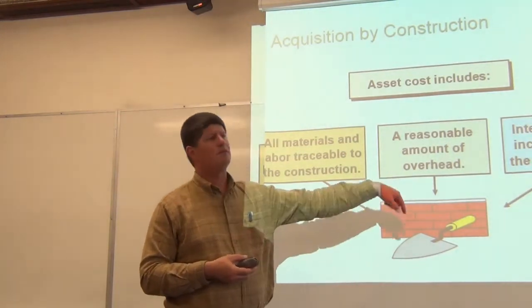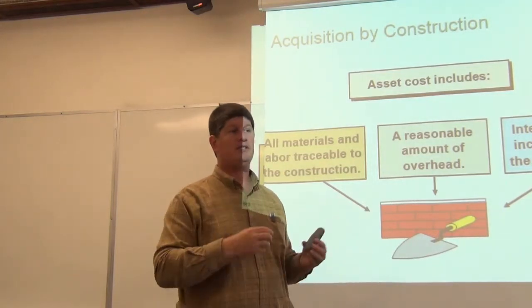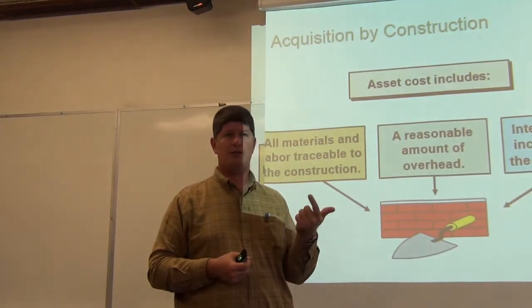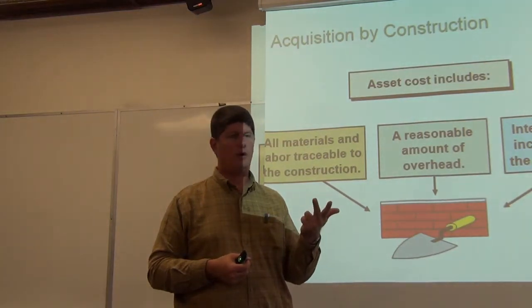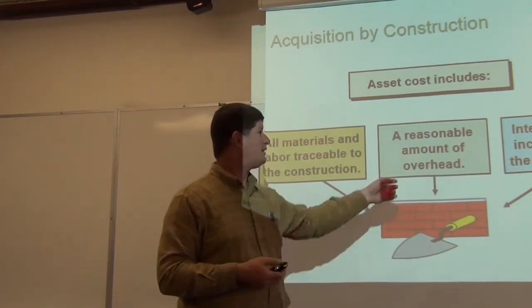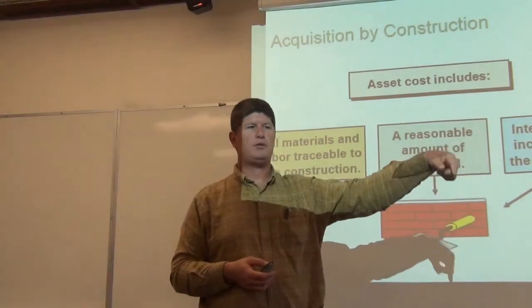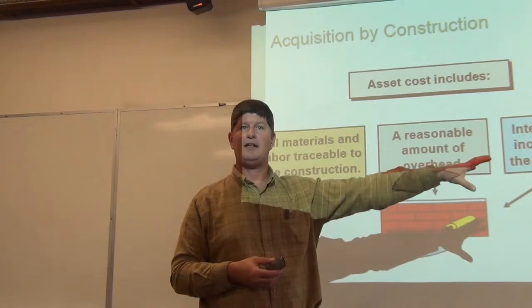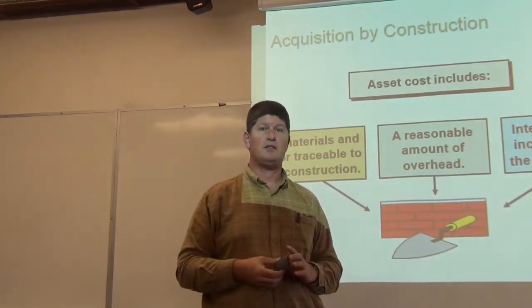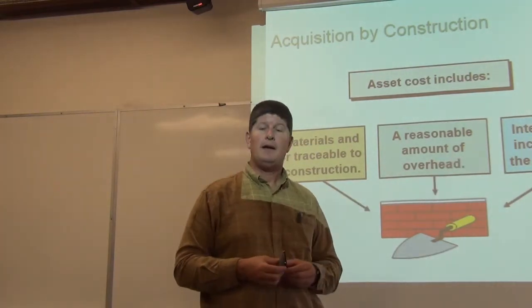So if you take 10,000 square feet in the corner of the factory and you spend 6 months building this new piece of equipment there, not only do you have to track all the time for your employees and your labor costs and all the parts that went into it and the gaskets and the steel and all that stuff, but you've got to allocate some of the overhead. If you're paying rent for the building, maybe 10% or 5% of the building's rent should be allocated to it. Some percentage of the utilities for the lights and the power that you use for the welder and things while you're building it, stuff like that.